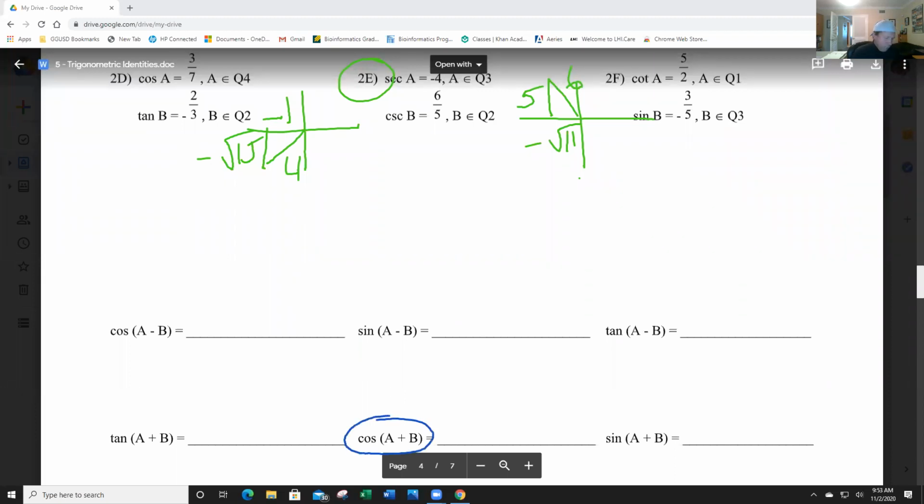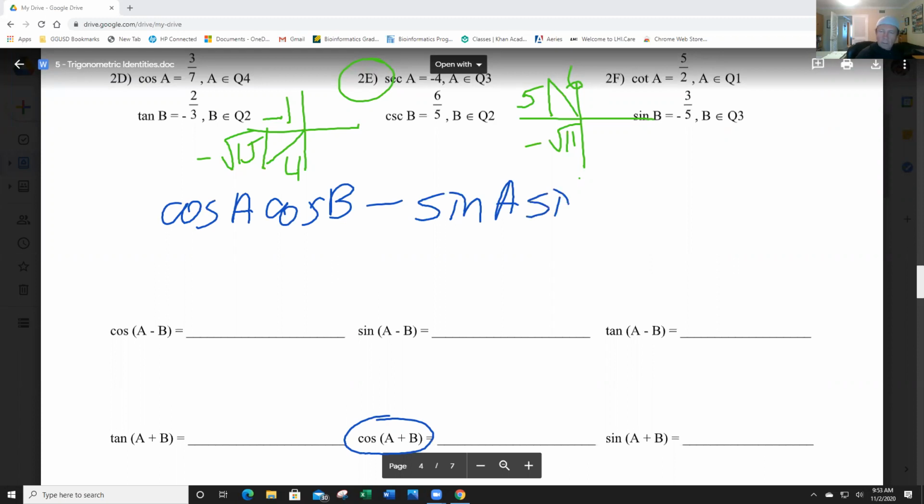The cosine of a plus b is cosine a cosine b minus sine a sine b. Okay, let's try it.